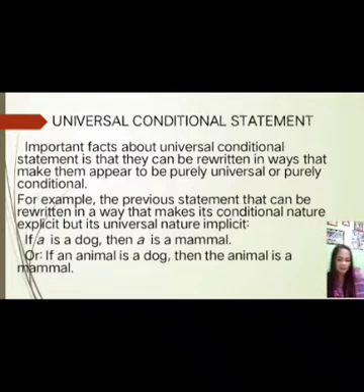In this statement, we're going to write our general form into if-then form. By definition, conditional statements are formed by joining two statements, P and Q, using the words if and then. The P statement is called the hypothesis and the Q statement is called the conclusion.